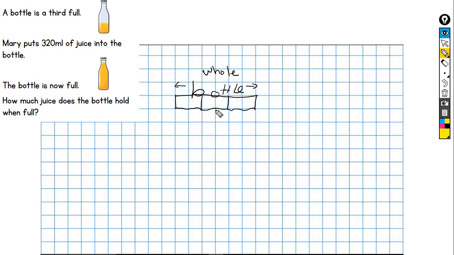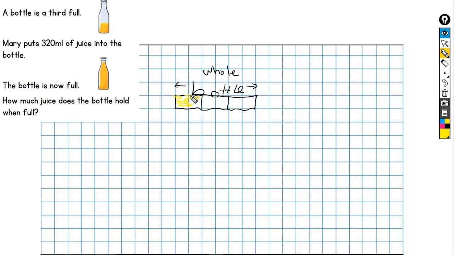Can you remember how much was filled at the beginning? What did it say? It said a bottle was a third full. So do you want to shade in the first box? Yes, there we go. So that's a third full.